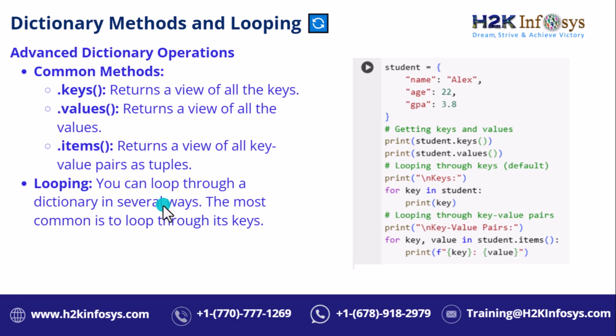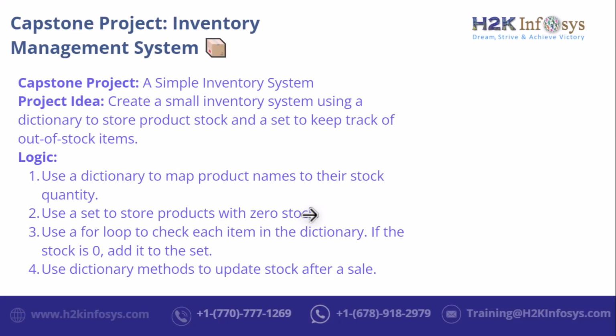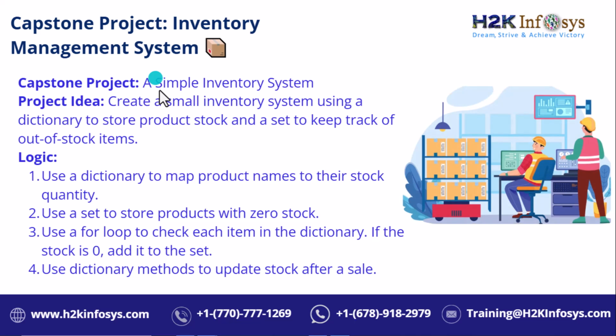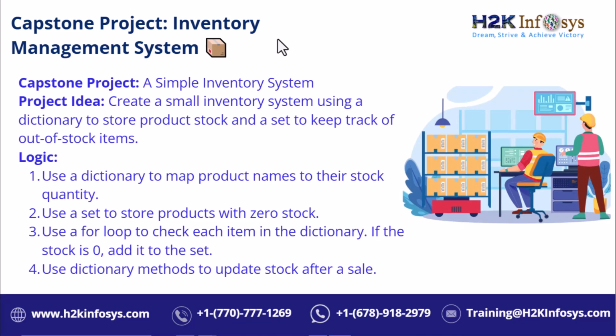By combining all these things we have learned, we have one more capstone project where you have to create an inventory management system. Create a small inventory system using a dictionary to store product stock and a set to keep track of out of stock items. You can create a dictionary with the product names and their quantity, and use a set to store products with zero stock.